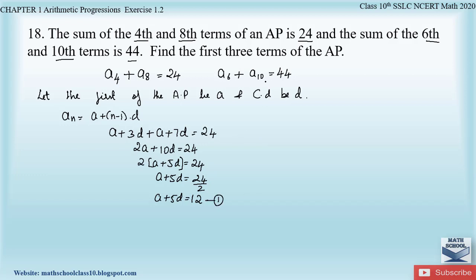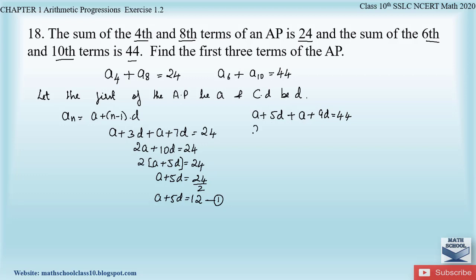Now similarly, let us simplify this, a6 plus a10 is equal to 44, by substituting the n value equal to 6 and 10. So the a6 term will be a plus 6 minus 1, that is 5d, plus a plus 10 minus 1, it will be 9d, is equal to 44.